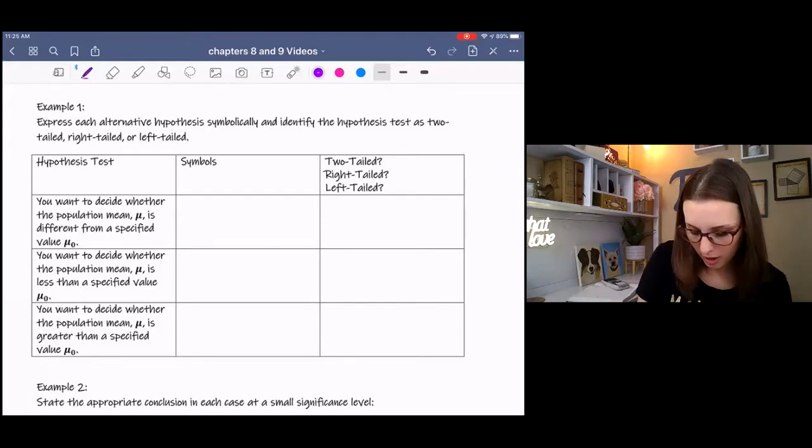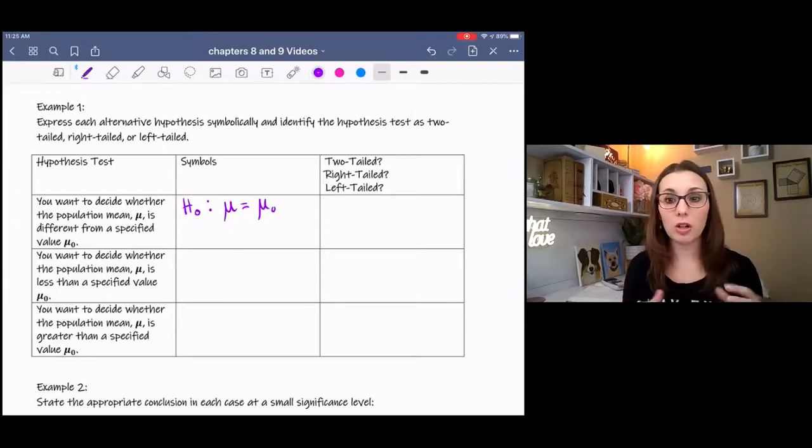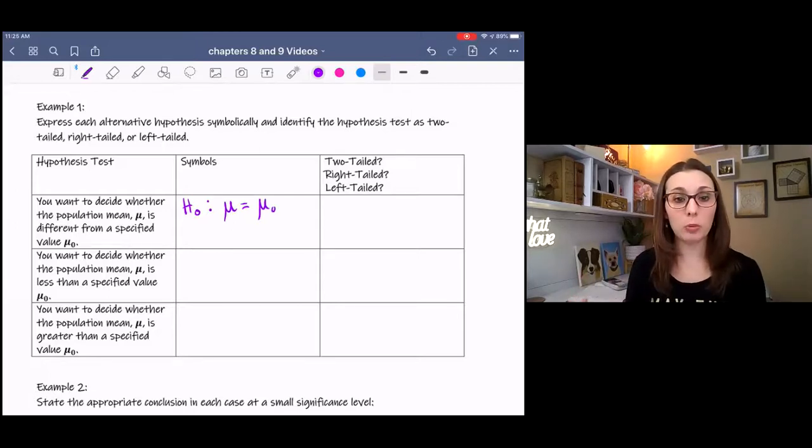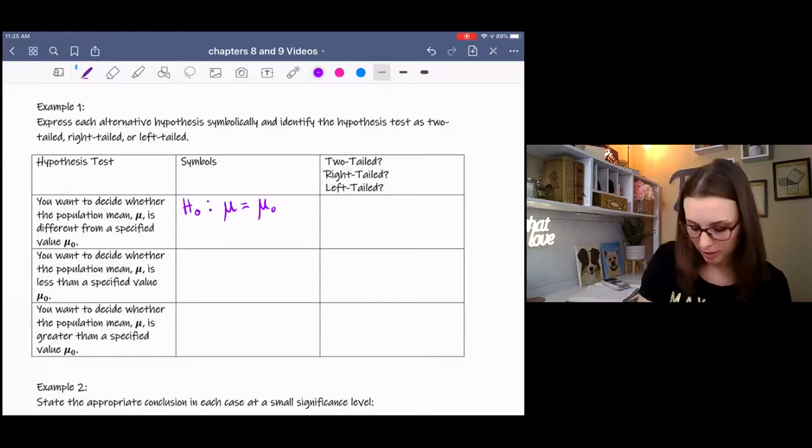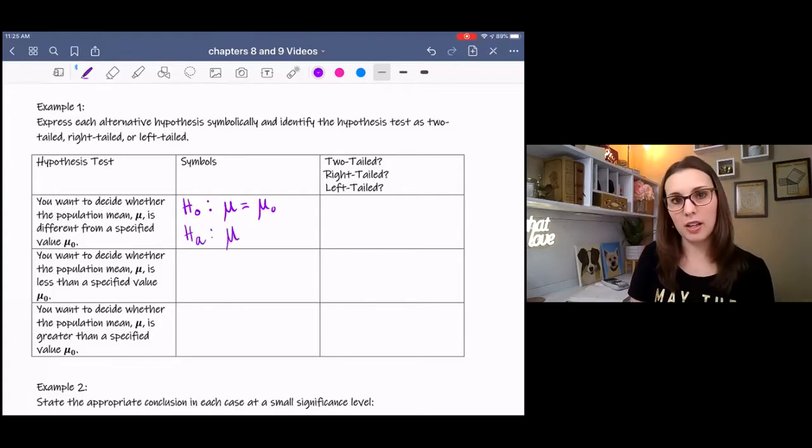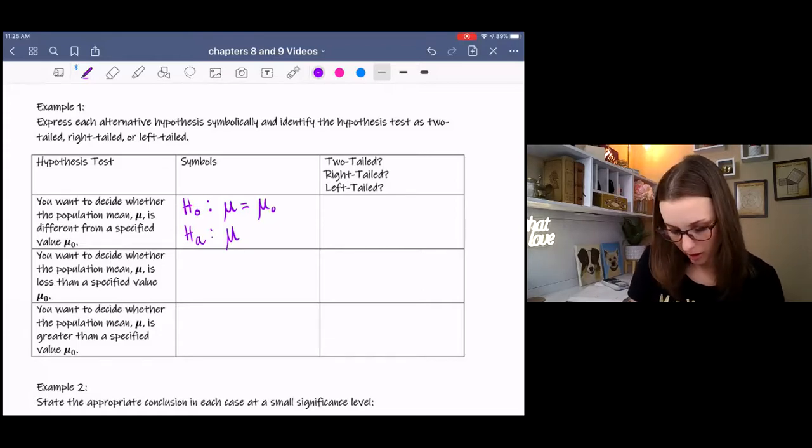If you're writing both hypotheses, H naught is mu equals mu naught. That's our null hypothesis, and we always use an equal sign. And then the alternative hypothesis is mu does not equal mu naught.